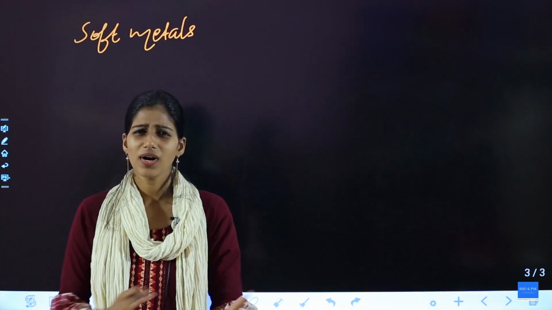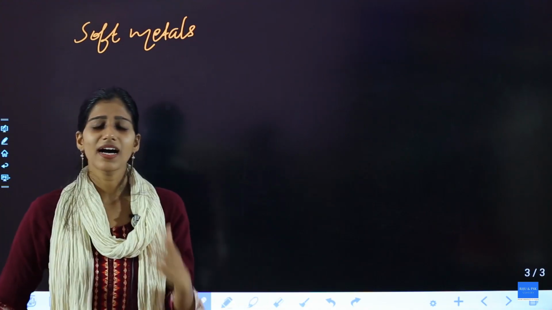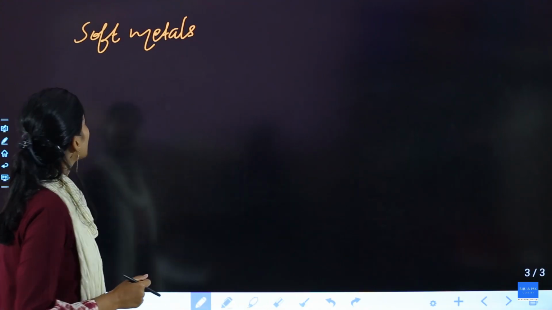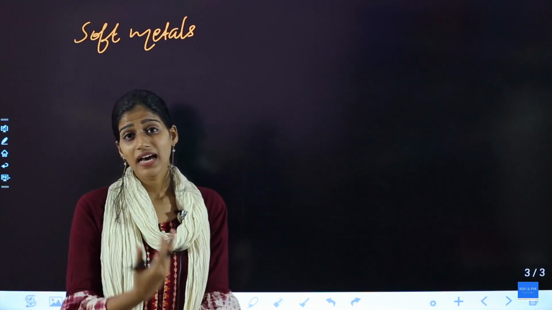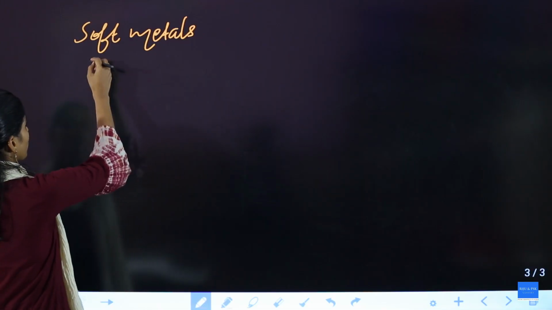For example, you consider sodium, which you are well acquainted with. Take a sodium and it can be cut by using a knife. So, it is very soft, and as they are soft metals, they will have very low melting and boiling points.